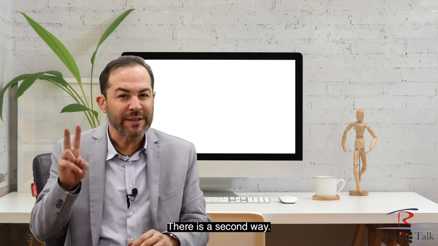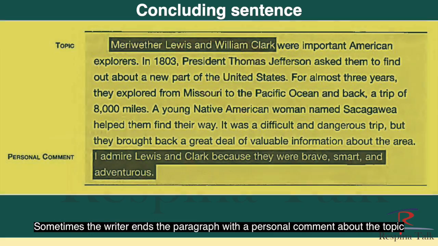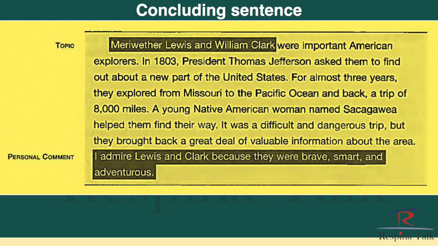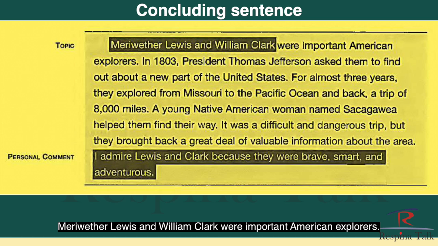Now, there is a second way. Sometimes the writer ends the paragraph with a personal comment about the topic. Now look at this paragraph. The topic sentence is, Meriwether Lewis and William Clark were important American explorers. This is the topic sentence. The topic is Meriwether Lewis and William Clark.